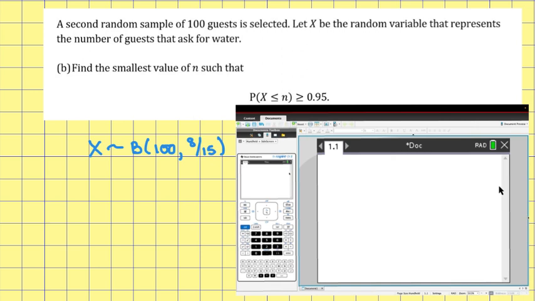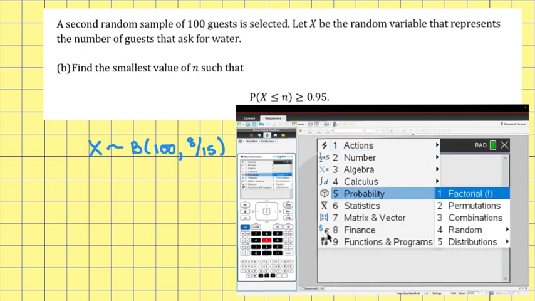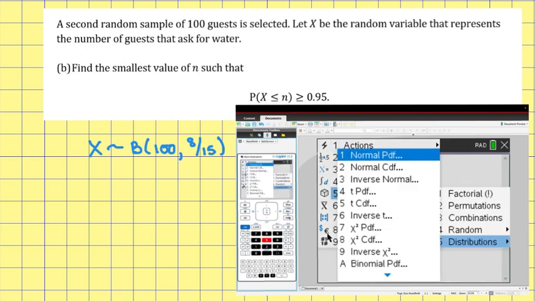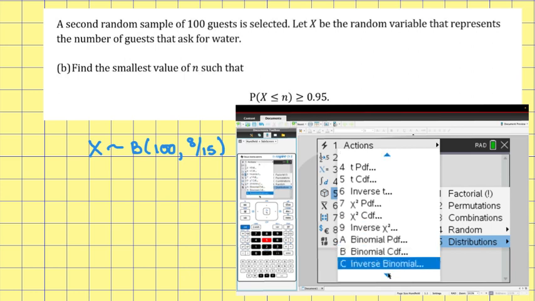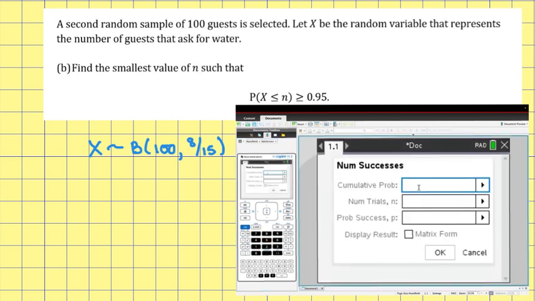I've opened my TI Inspire at a calculator page, so I need to go to Menu, 5 Probability, 5 Distributions, and if I scroll down, there I have inverse binomial. So the cumulative probability is 0.95. The number of trials is 100.